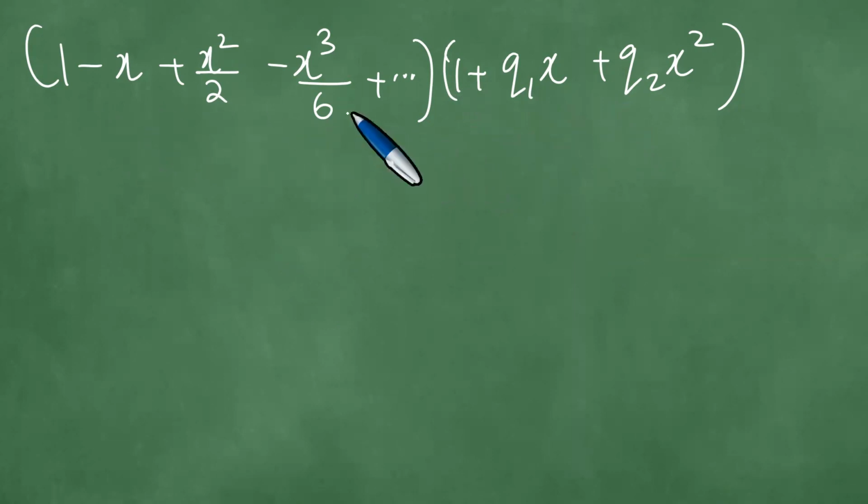And this here is e to the power minus x, its Maclaurin expansion given in the question.